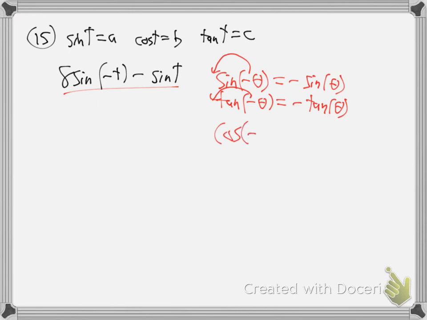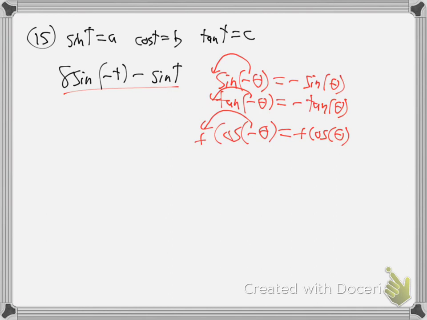Now for cosine, if they put a negative angle in there, you know what cosine does? It comes out as positive. In fact, the negative just completely vanishes. So cosine does something even a little stranger. You can't just always do that for any kind of function in the math world.